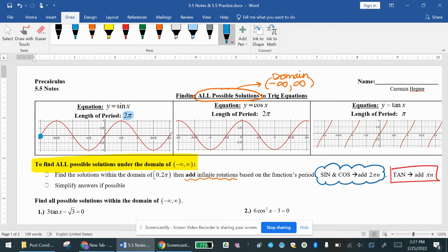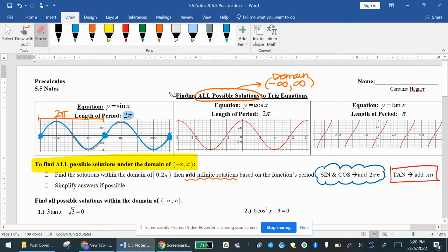The pattern for sine is this curve, and if you notice, it repeats every 2 pi. So from here to here, the length is 2 pi. Now cosine, similarly, is also a length of 2 pi when it repeats.